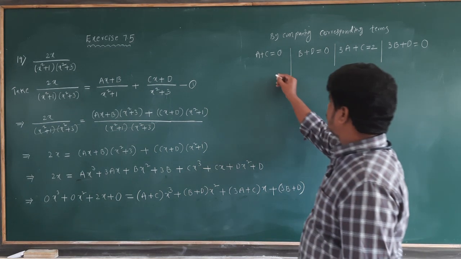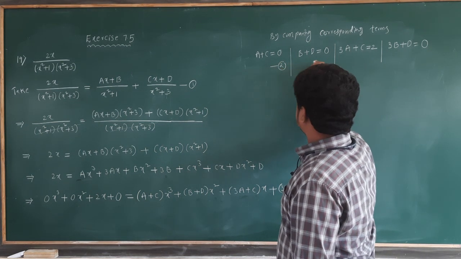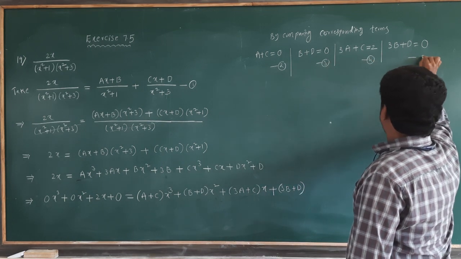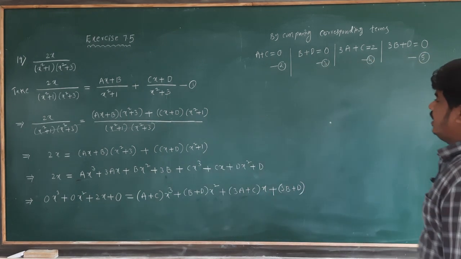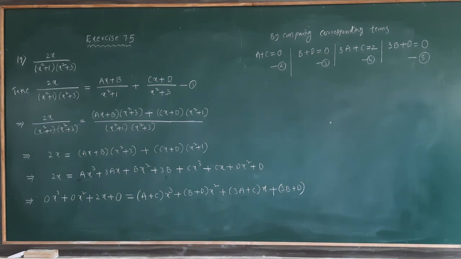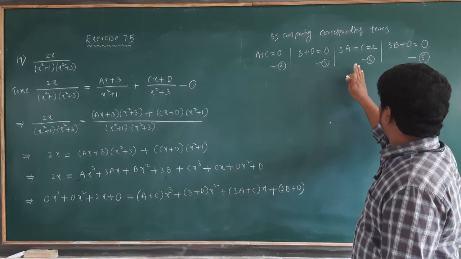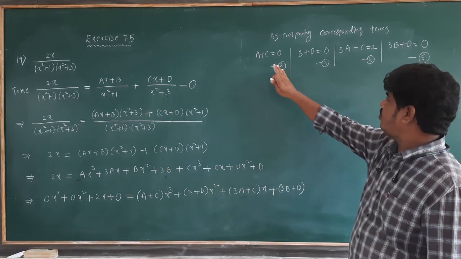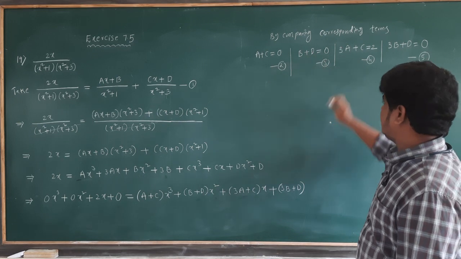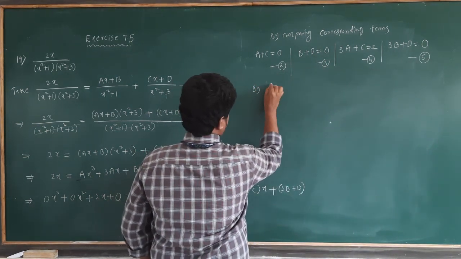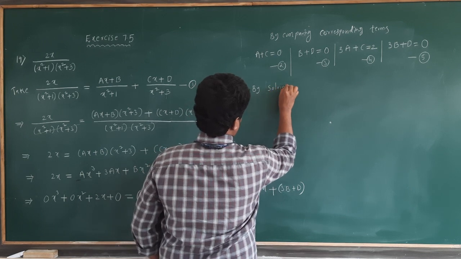Take these as equations 2, 3, 4 and 5. Here, to get the values of a, b, c, d, just solve these. In equations 2 and 4, we have a and c. So by solving 2 and 4, we get the values of a and c.